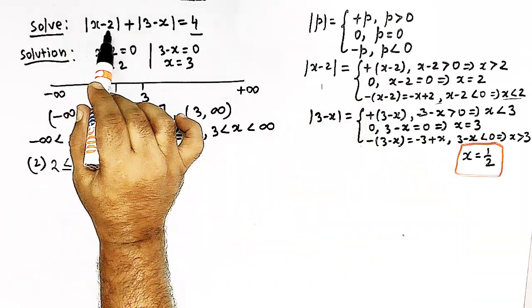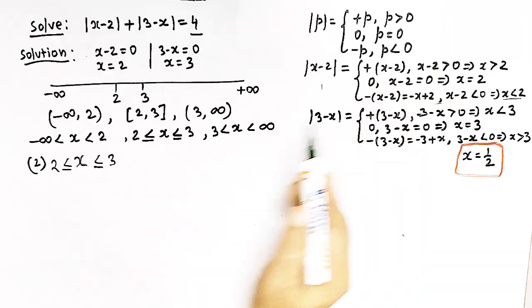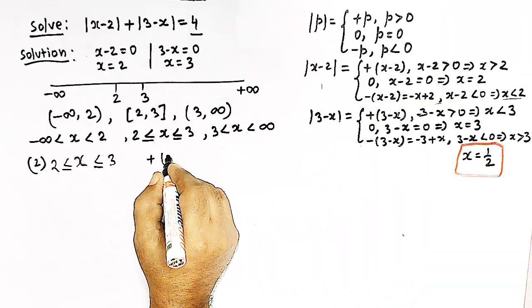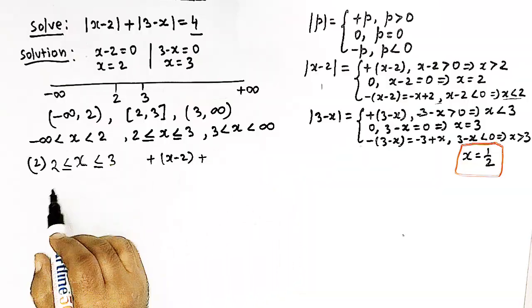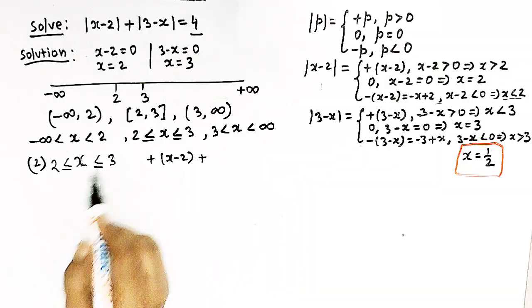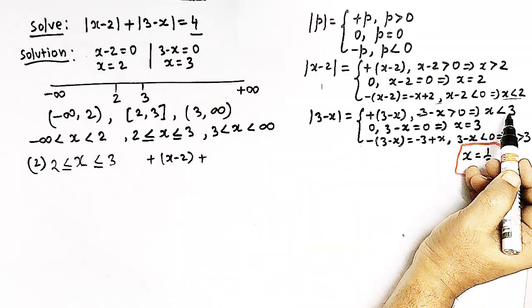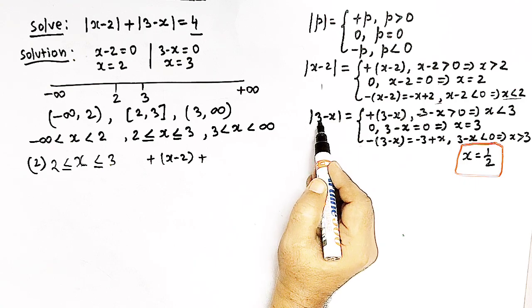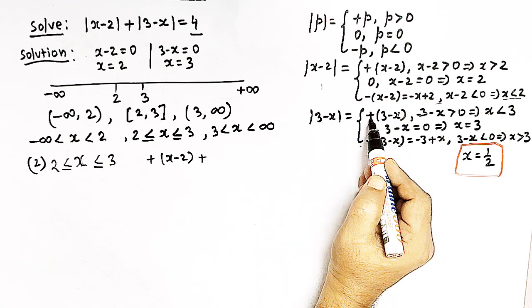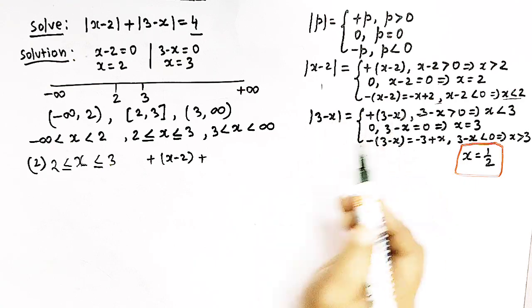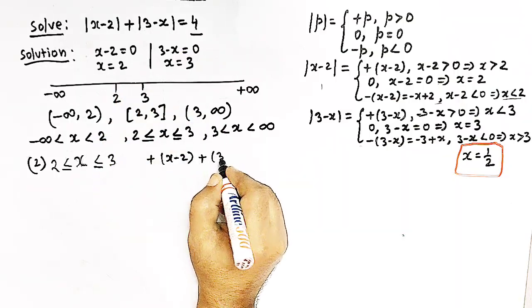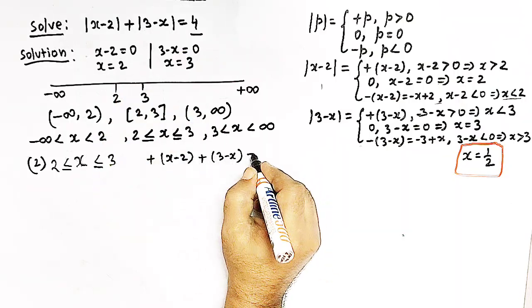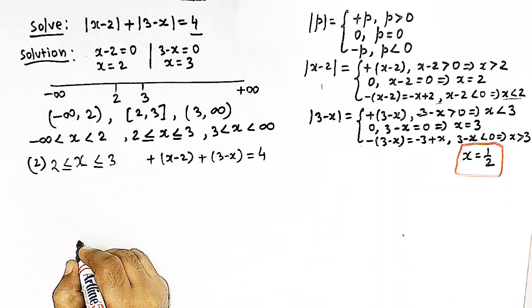So replacing mod of x minus 2 by positive x minus 2, we have here x minus 2, and then here we have x less than 3. So when x is less than 3, then mod of 3 minus x is equal to positive 3 minus x. So here we have simply positive 3 minus x, and this is equal to 4, right?